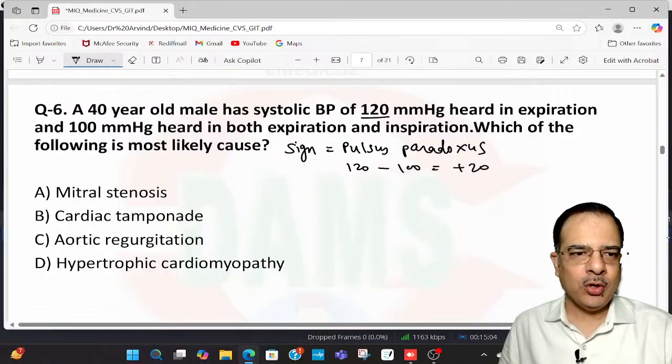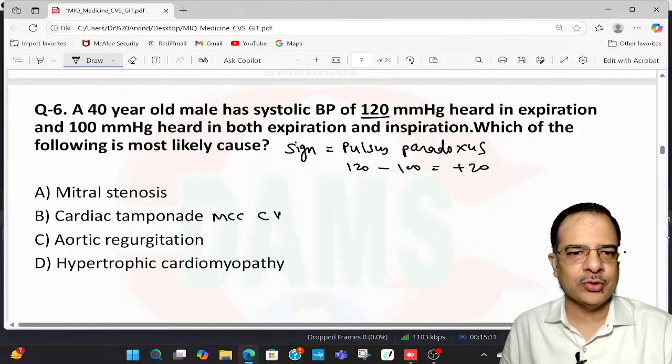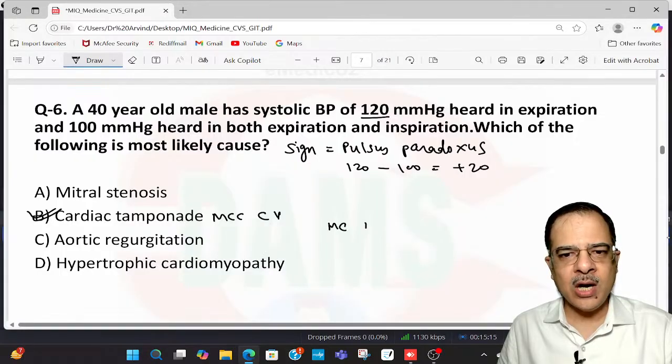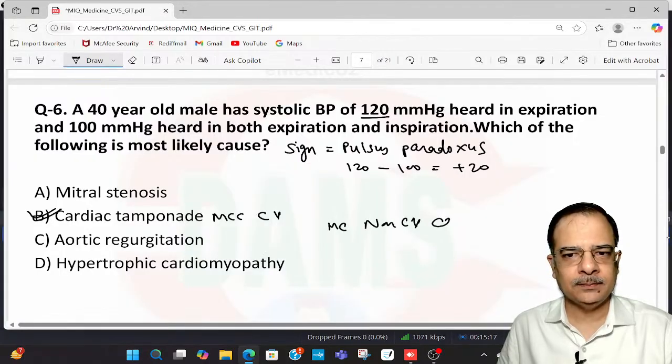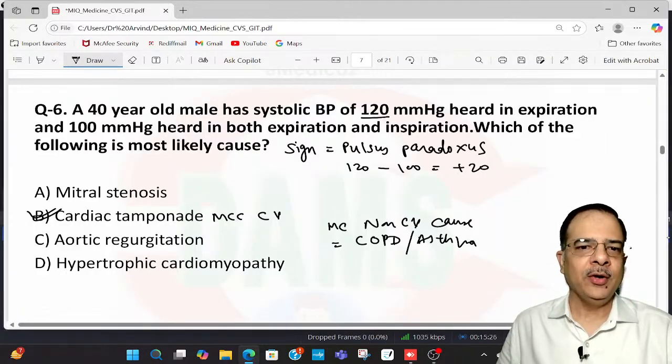The most common cardiovascular cause of pulsus paradoxus is cardiac tamponade, while the most common non-cardiovascular cause will be either COPD or asthma.